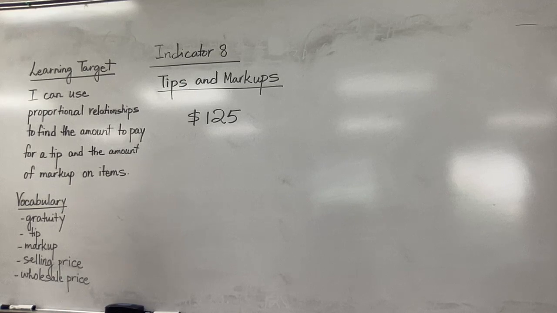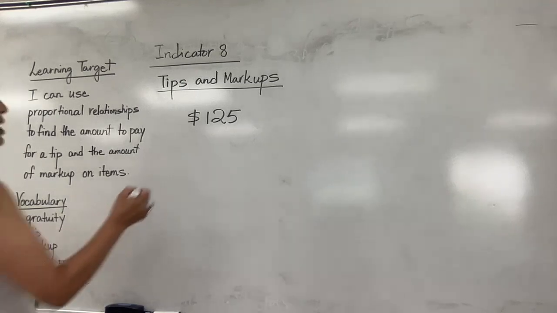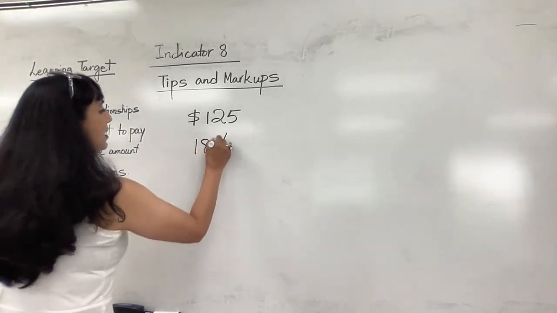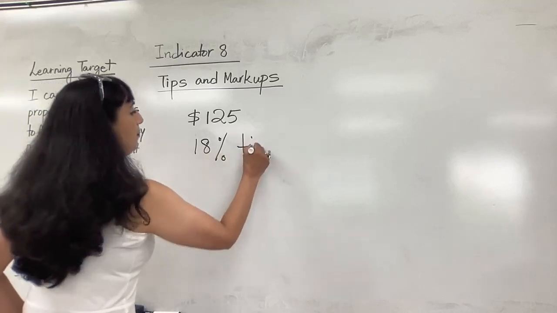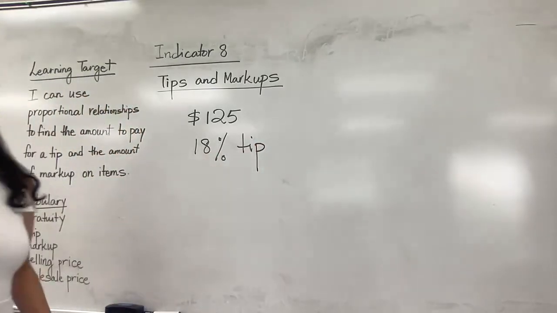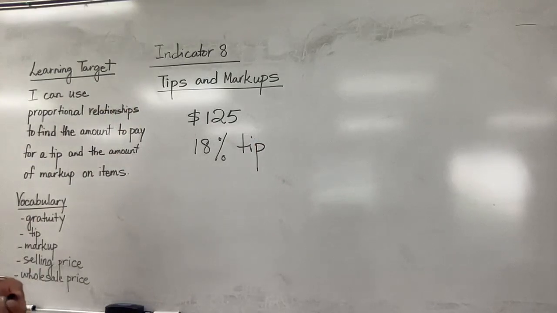And then the group wants to add an 18% tip. Okay, so what will the total bill, including the tip, be in this case?